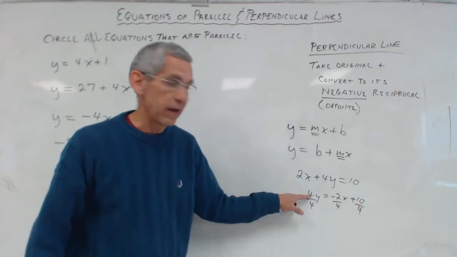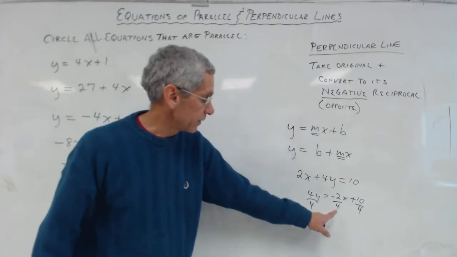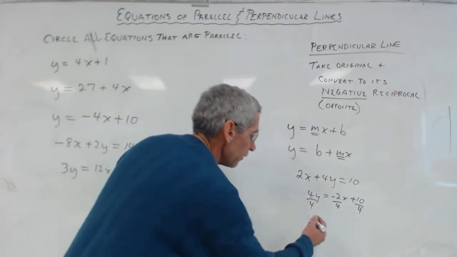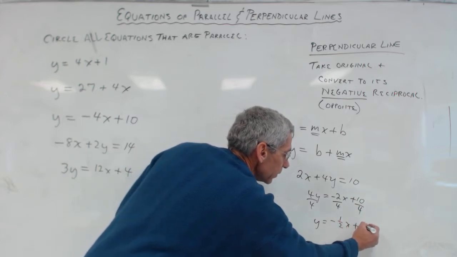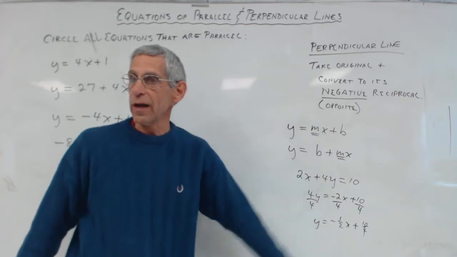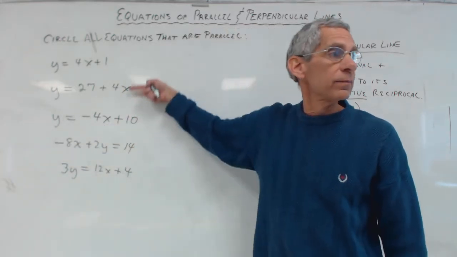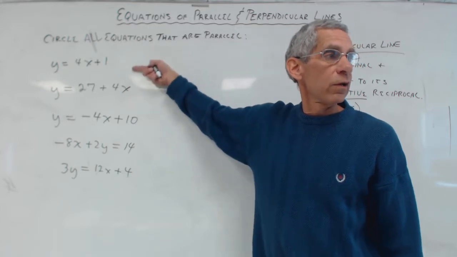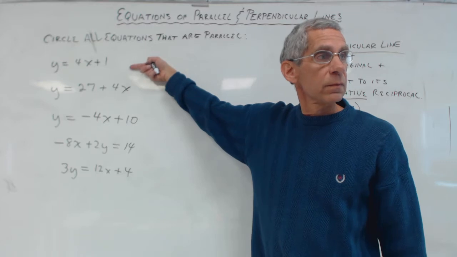And then I have to divide by 4 because I only want y equals, not 4y equals. So now I've got y is equal to negative 1/2 x plus 10/4, right? So I know my slope is negative 1/2. Are these two equations parallel? No. Irene, what do you think? No. Why?